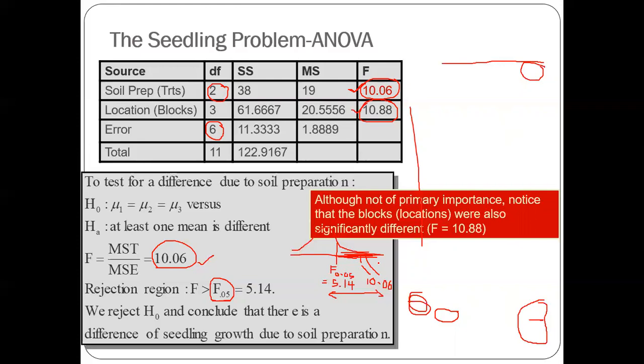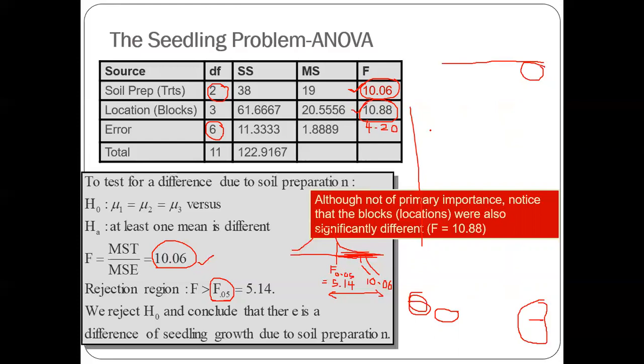But let's say, what if, for example, the values of the F statistic for treatments and blocks are very different? Maybe let's say the value for treatment is 10.06, but the F statistic for blocks is maybe let's say 4.20.